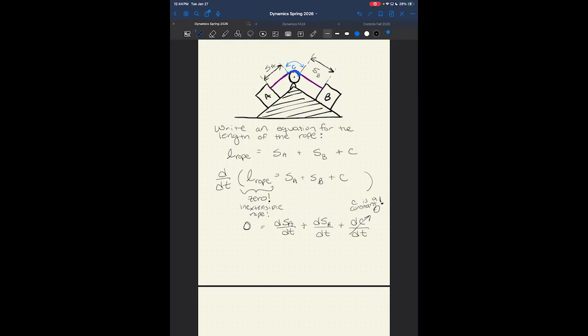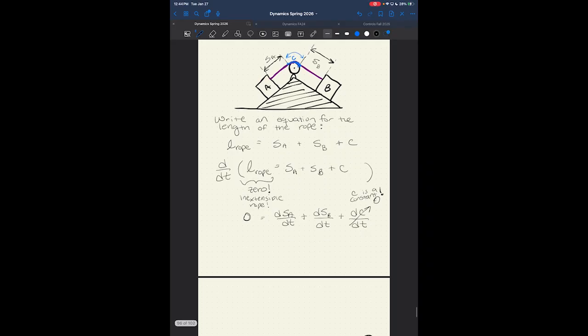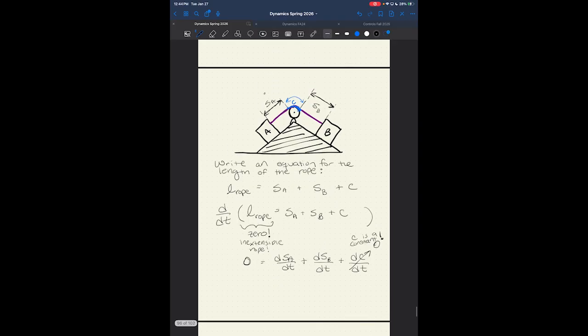Is that related in any way to the velocity of block A? Yeah, it's the exact same rate. Perfect. So my velocity of A is going to be the amount SA dot in the direction, depending on whether SA dot is increasing or decreasing, we know we can define the direction of this velocity.